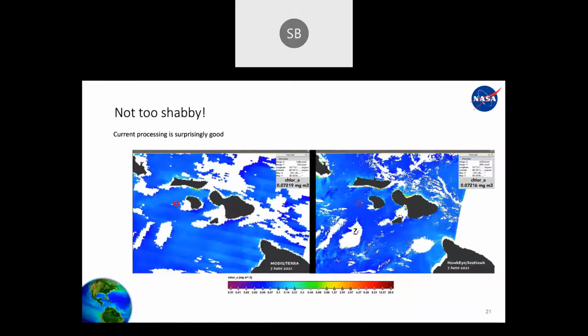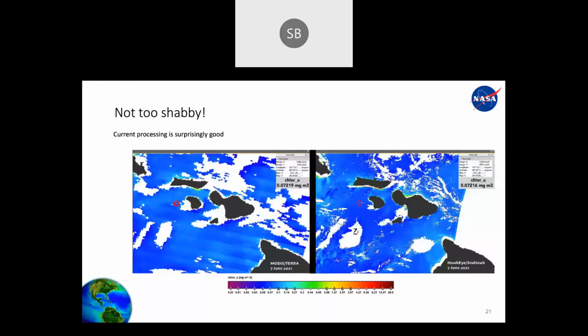Now, our current processing is actually surprisingly good. On the left-hand side of the panel, you see an image that was collected from the MODIS Terra spacecraft in June of 2021, near the MOBY site near Lanai, Hawaii. That red circle there, if you look underneath that, the chlorophyll at that point is roughly 0.72 milligrams per meter cubed.